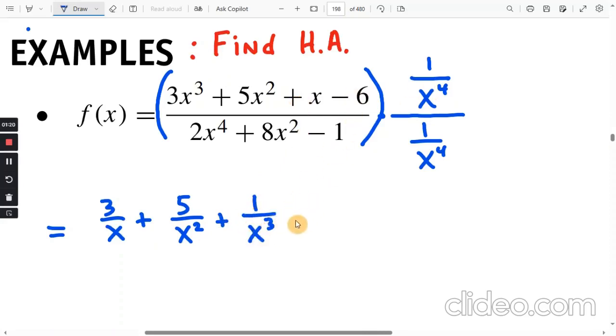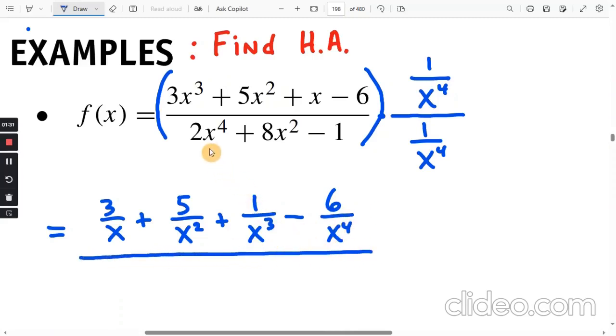And negative 6 divided by x to the fourth is as is. In the denominator, 2x to the fourth divided by x to the fourth, that's 2. Positive 8x squared divided by x to the fourth is going to be positive 8 over x squared. And negative 1 divided by x to the fourth is as is.